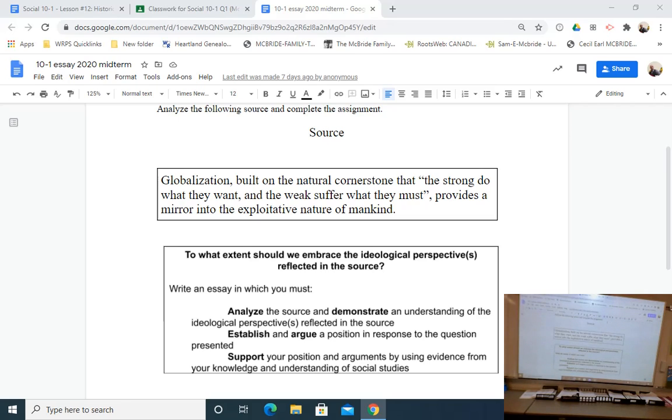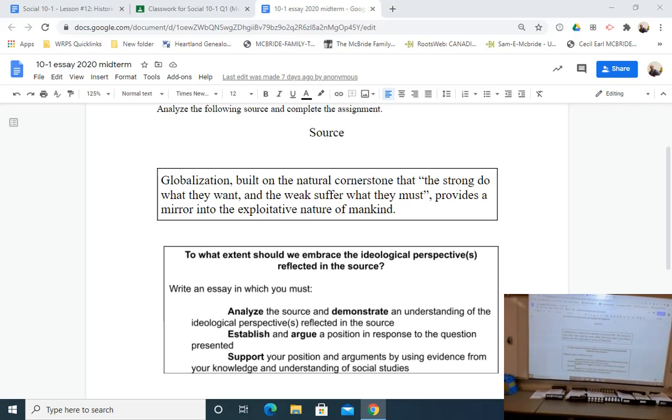I'm not going to tell you not to do it, but I'm not sure it's going to move the needle. I'm not going to say it's going to really improve your mark that much. But if you have a broad statement, a quote that just couldn't fit into your essay, and it's just a quote about globalization or about the nature of mankind, it's not going to lower your mark if you leave it as your final sentence.